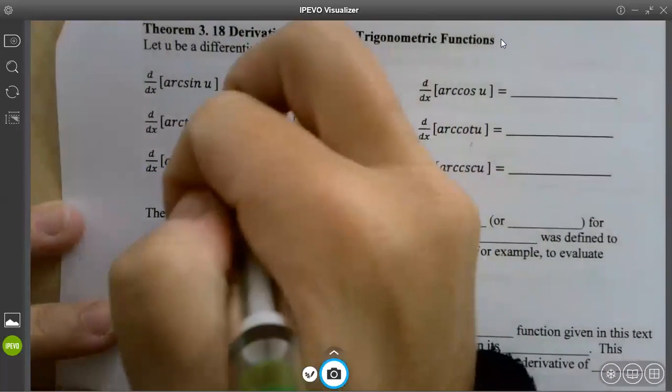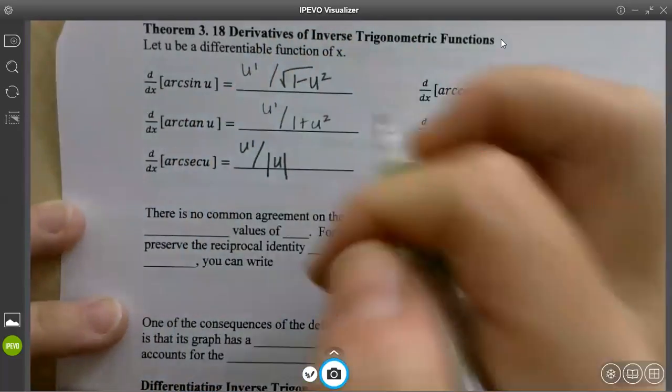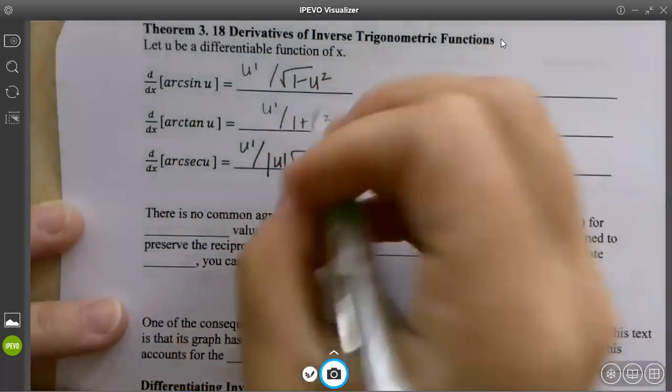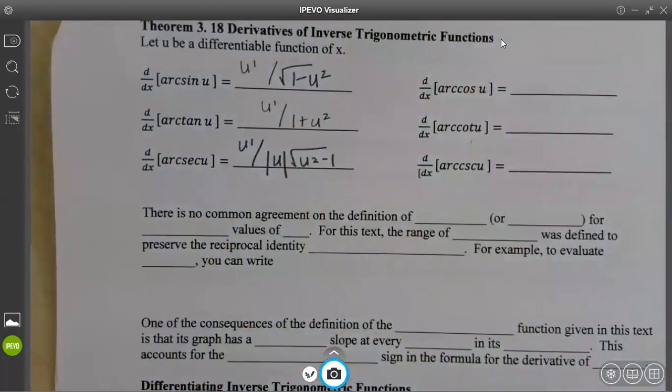Arc secant is u prime over the absolute value of u times the square root of u squared minus 1. So again, u prime over the absolute value of u times the square root of u squared minus 1. And then remember, they said respectively cosine, cotangent, and cosecant are just the negatives.